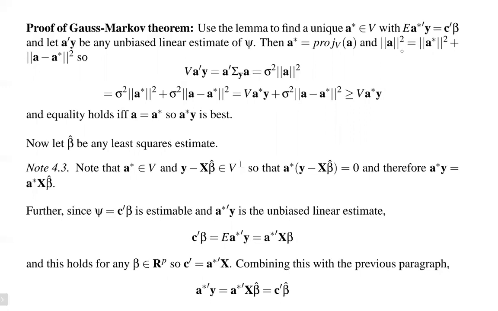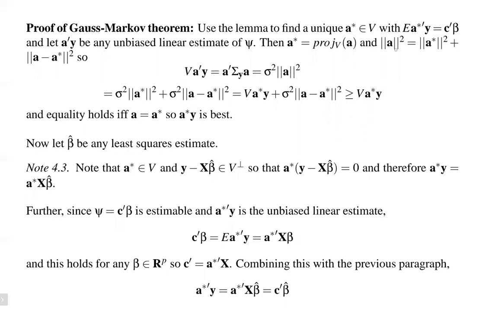So the norm of A squared is the sum of these two according to the Pythagoras theorem. And therefore we can look at the variance of A prime Y, which is, as we derived a long time ago, A prime sigma Y times A, where sigma Y is sigma squared times the identity matrix. So this is just the norm of A squared times sigma squared.